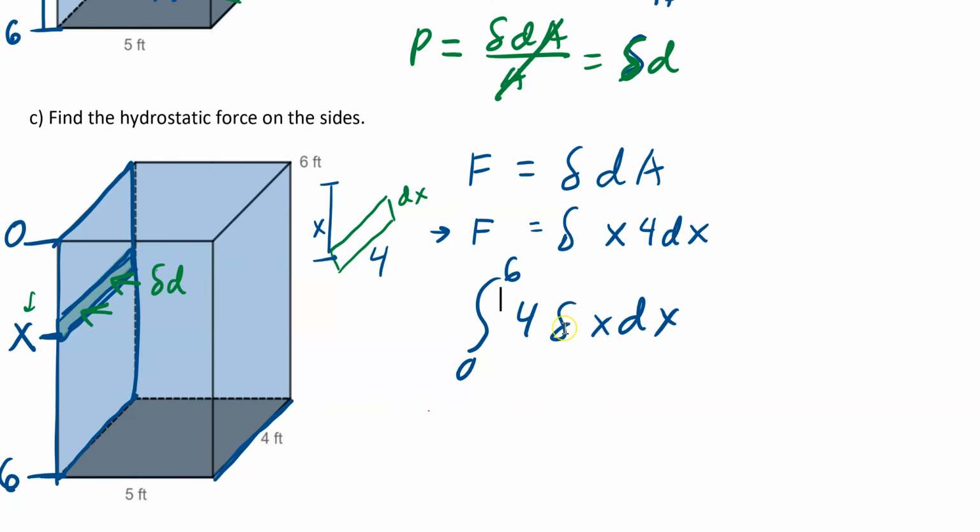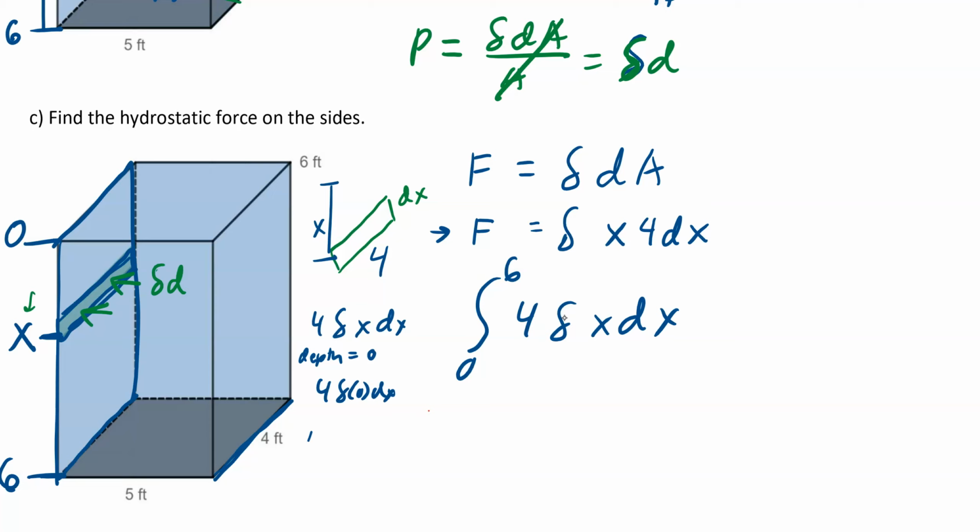So you can always check your formulas very, very quickly. At the top, we know it's 0. So we have a depth of 0, a width of 4. And you can see that, 0 right here for x, and then 4. So at the top one, if we have 4 delta x dx, right, then we have a depth of 0. Then we would get 4 delta times 0 dx, which is 0.